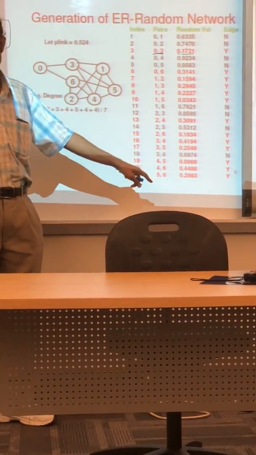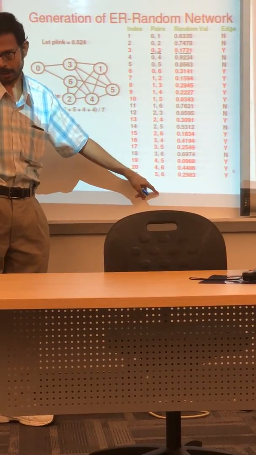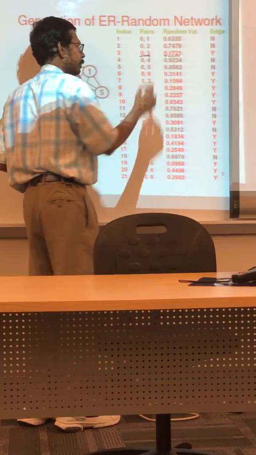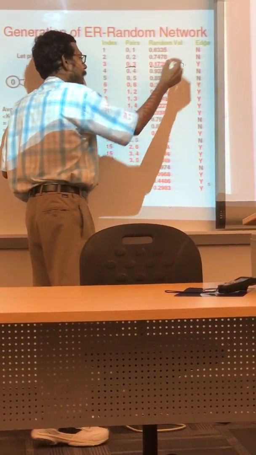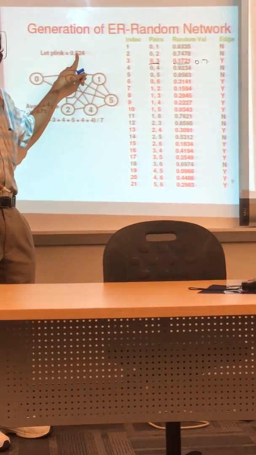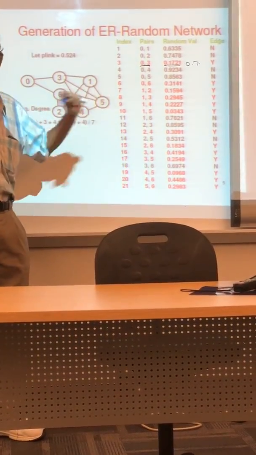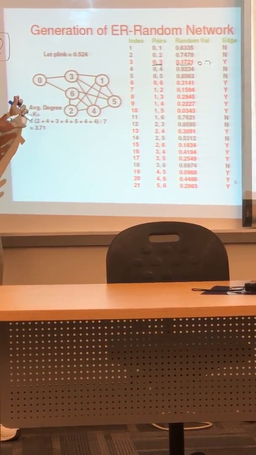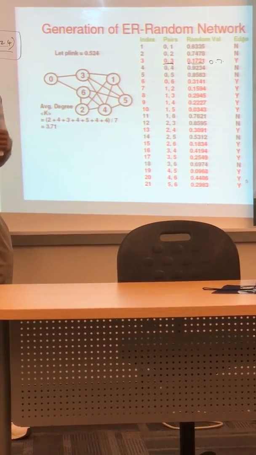If I just generate another set of random numbers, I most likely won't generate the same random number for this pair. I may generate some other number, say 0.7, that will be greater than 0.524. So if I generate another set of random numbers, I may not get the same graph. I may get some other graph of 7 vertices with some edges. Is that clear? So that's the nature of random networks.